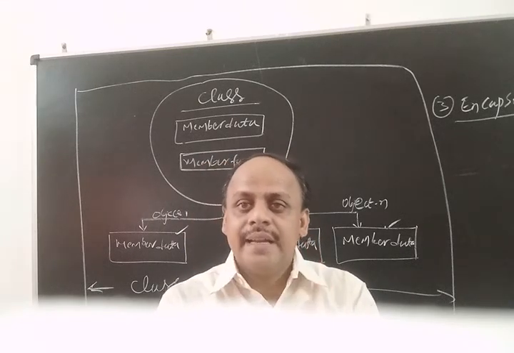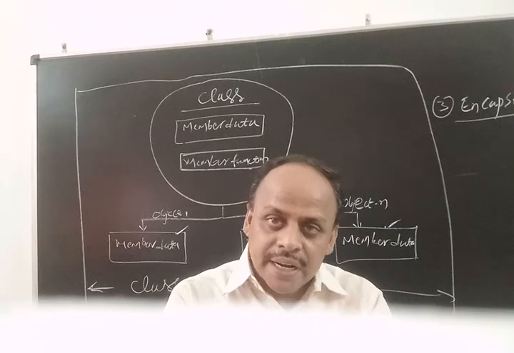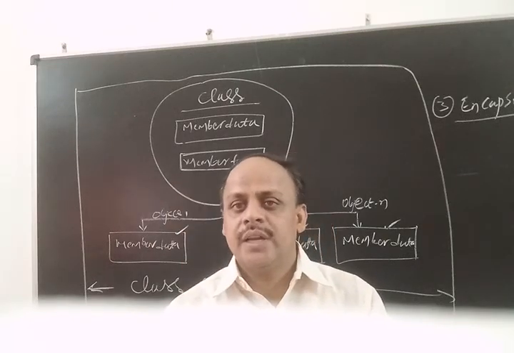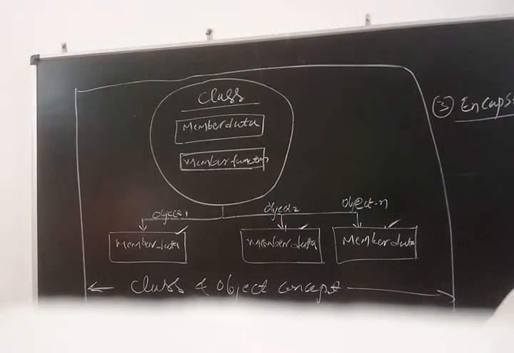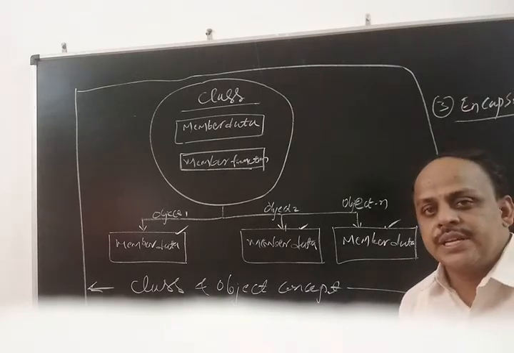They will be hidden or protected in that class only. So we can say that encapsulation is the wrapping up of data and functions into a single unit, that is a class.